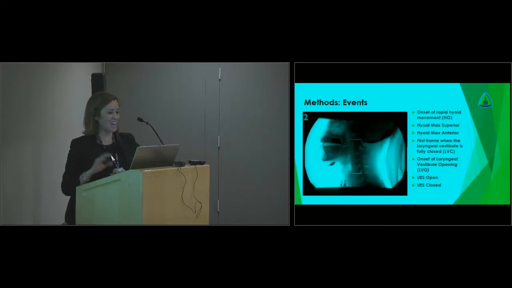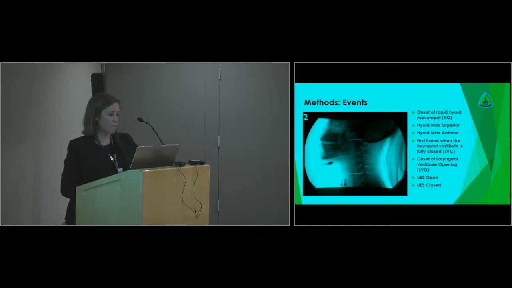For methods on events, what we do in the lab is that we look frame by frame at the swallow studies and determine different events, structural or bolus events. So for example, we can see when there's a rapid onset of hyoid movement, and that's kind of the initiation of the swallow, and also the maximum excursion of the hyoid.